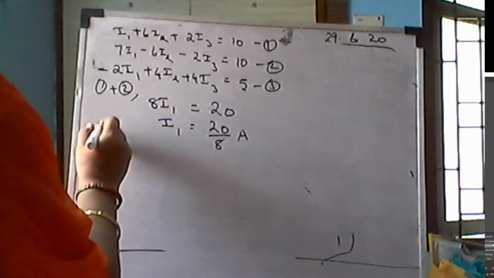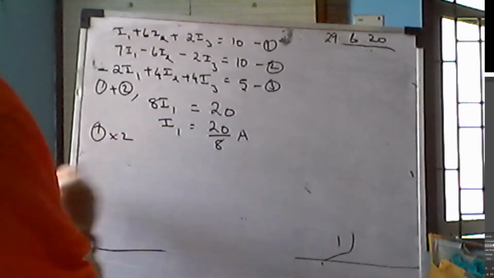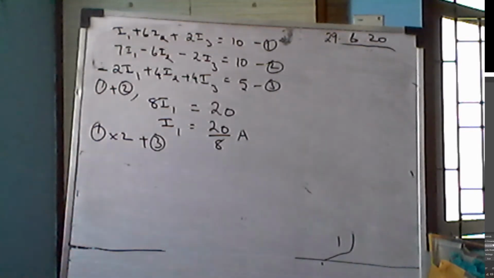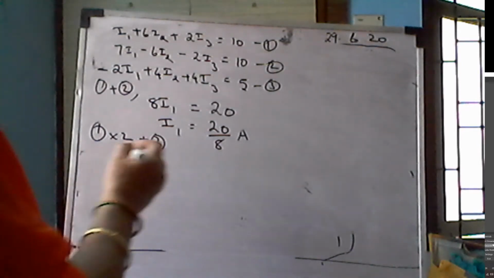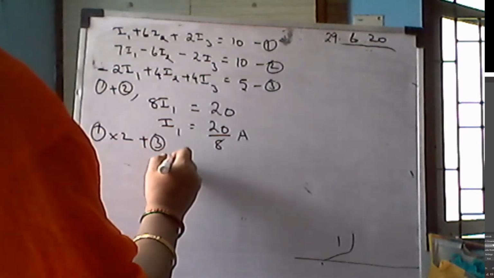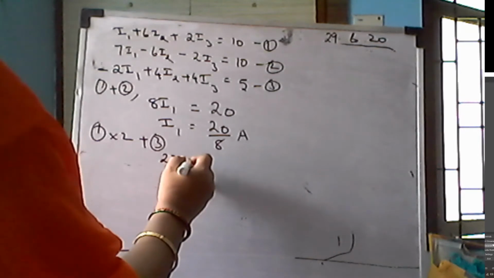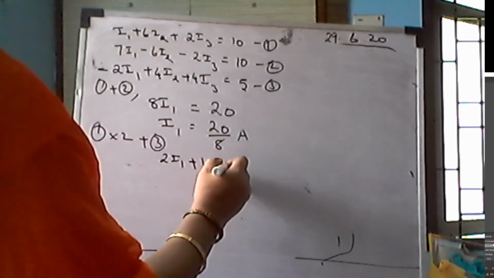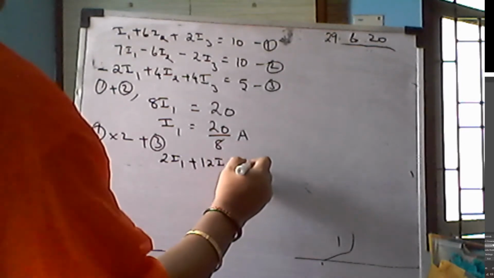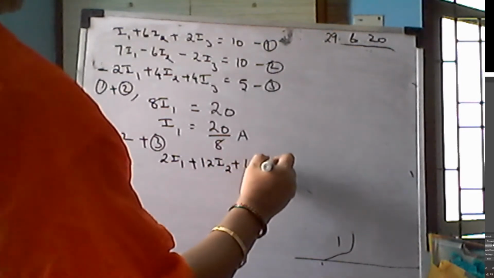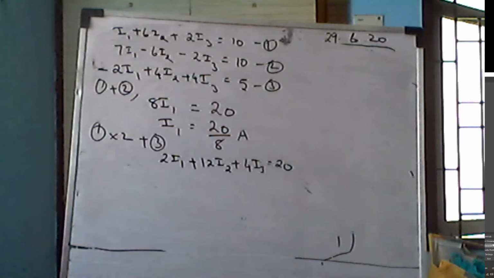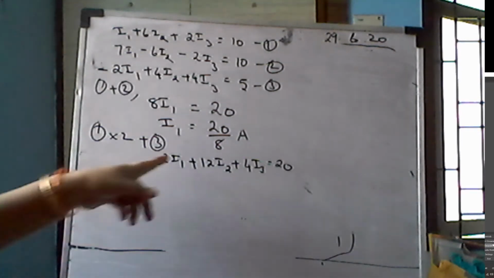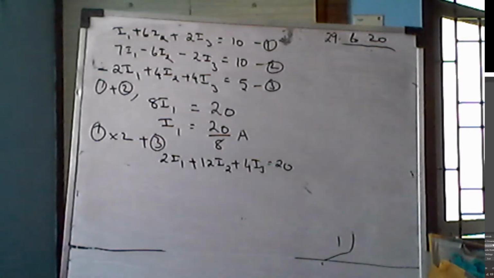Taking 1 into 2 plus 3, what are you getting? 1 into 2 is 2I1 plus 12I2 plus 4I3 equal to 20. I am multiplying by 2 throughout.